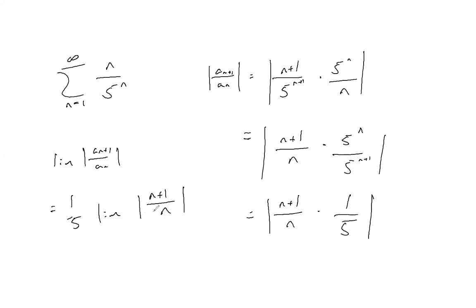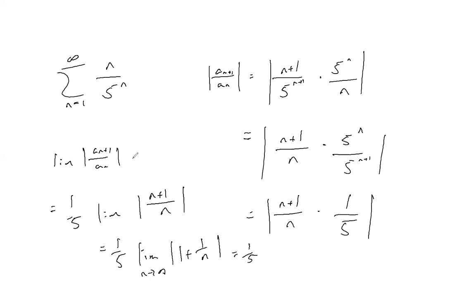What's the limit of n plus 1 over n? If you want more simplification, we could say that's the limit of 1 plus 1 over n, and we're talking about the limit as n goes to infinity. Maybe now it's clear that this limit is equal to 1. So 1/5 times that limit is equal to 1/5.